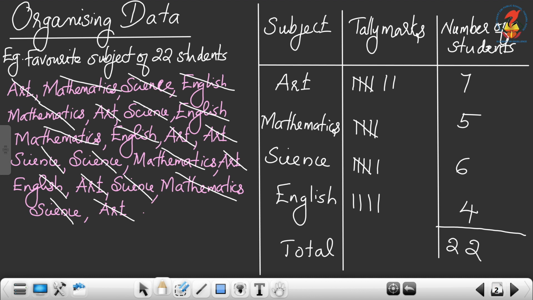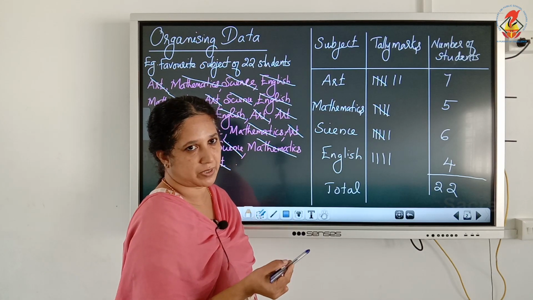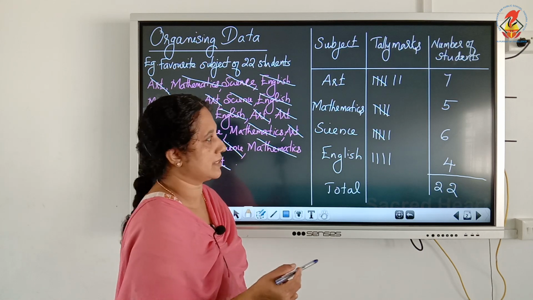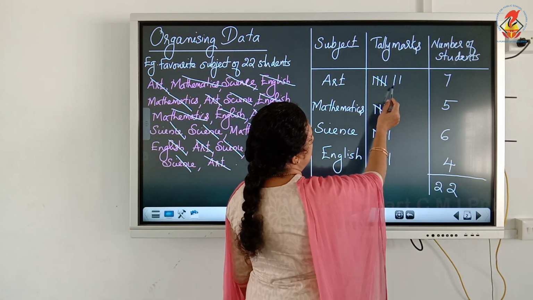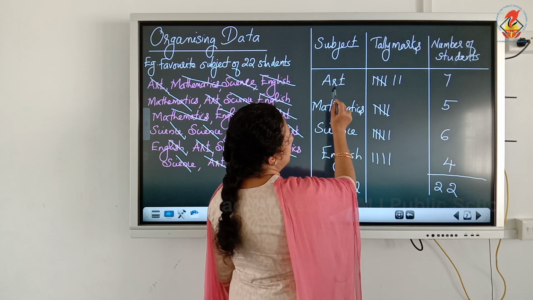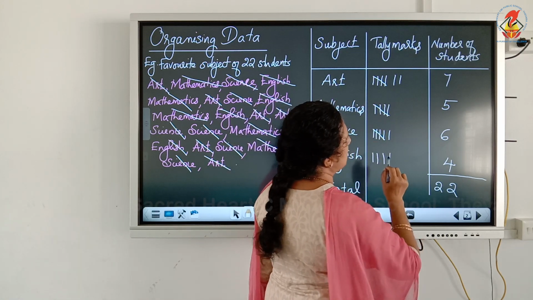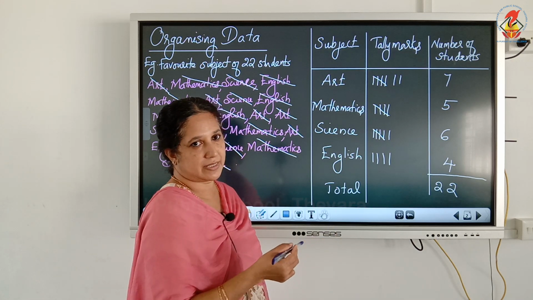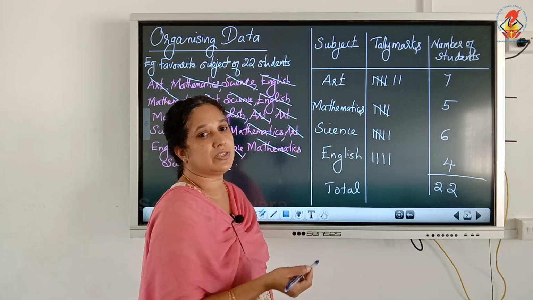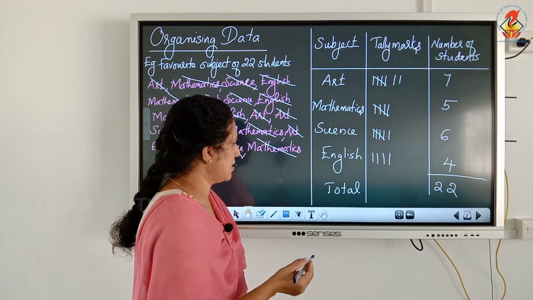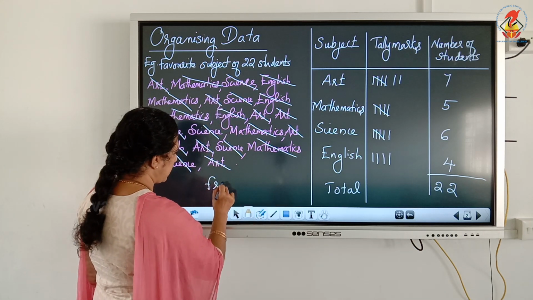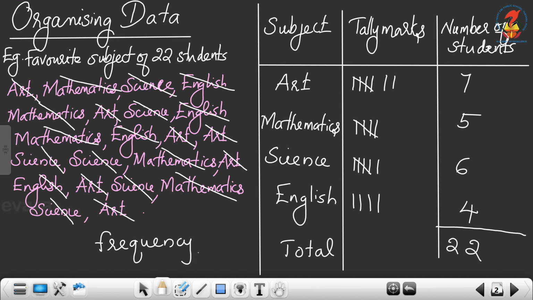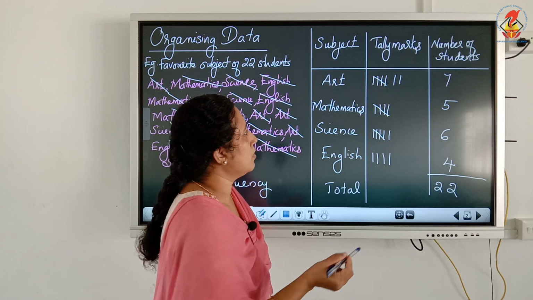Now look at that, the number of tally marks before each subject gives the number of students who like that particular subject. And this total number of students is the frequency of that subject. Frequency means how many times a particular entry occurs.